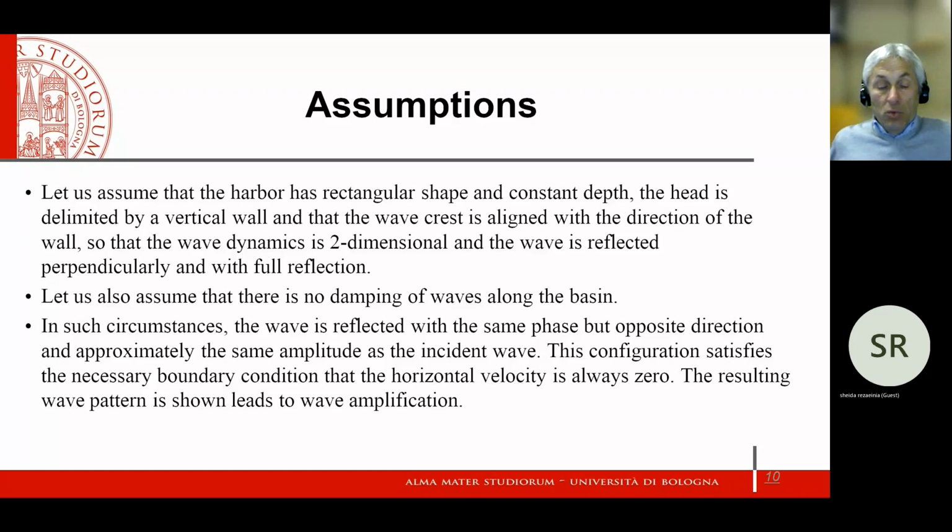So what happens when we then superimpose the incoming wave and the reflected wave? Given that the phase is the same, the linear theory allows us to simply estimate the resulting wave, which is given by the sum of the two waves, the incoming one and the reflected one, by just summing the two amplitudes.